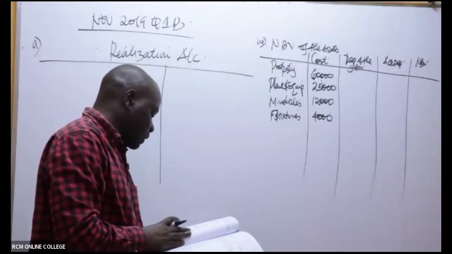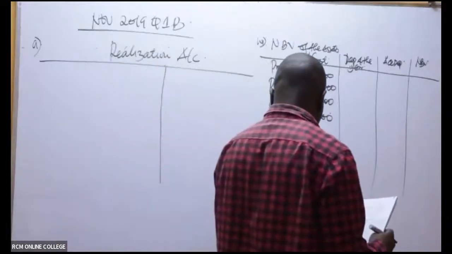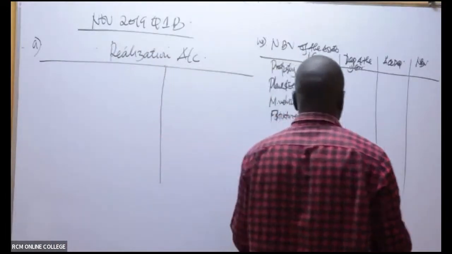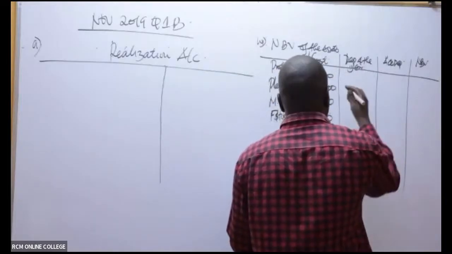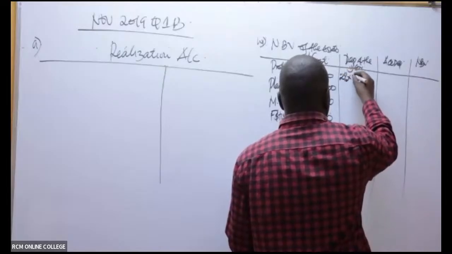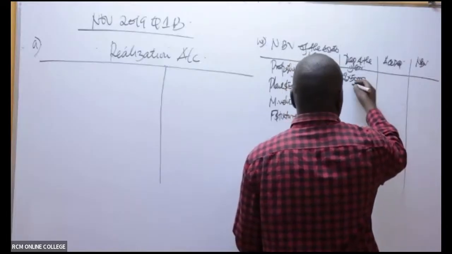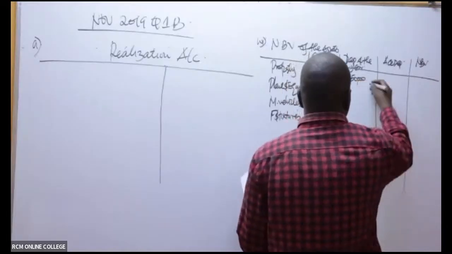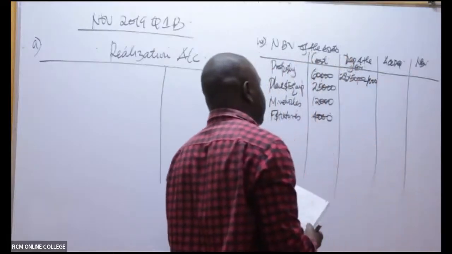So we'll take 2% of the property cost, which will be 2% multiplied by the 50 million. So you should be able to get a figure of 1 million.